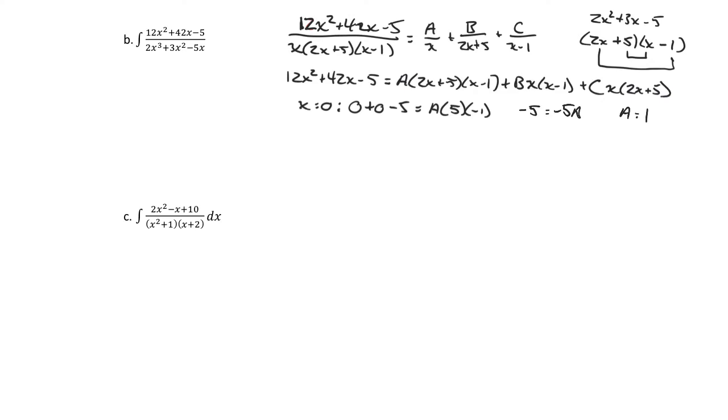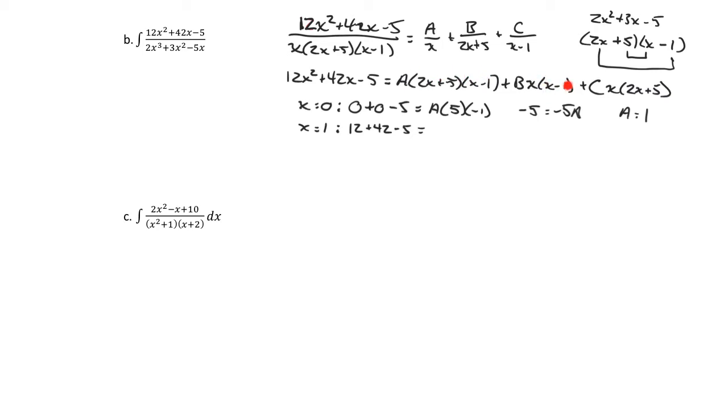Ooh, I don't like 2x plus 5, let's skip over that for a moment. X minus 1 I'm good with. If x is equal to 1, x minus 1 becomes 0. So 1 squared is 1 times 12, 42 times 1 is 42, minus 5. A has a factor of x minus 1 in it, so when x is equal to 1, that factor will be 0, so the A term gets eliminated.